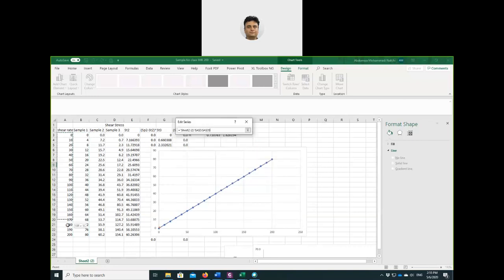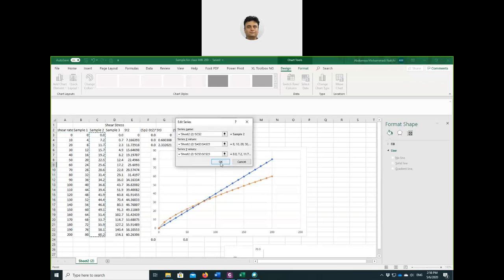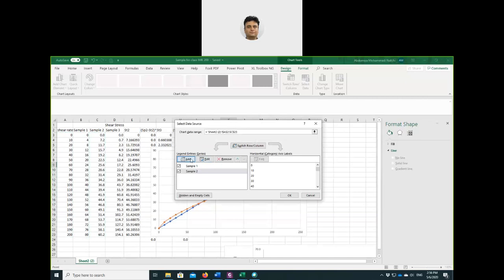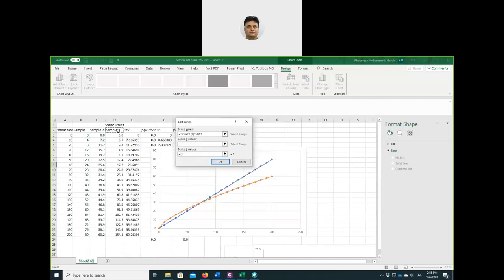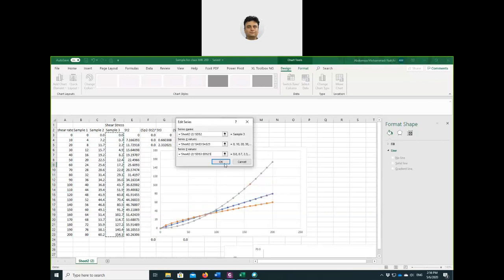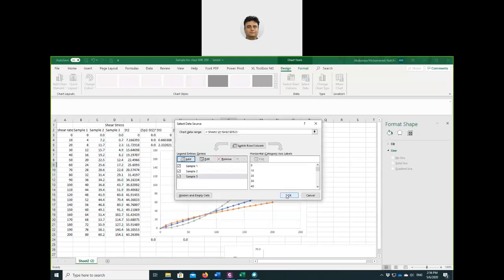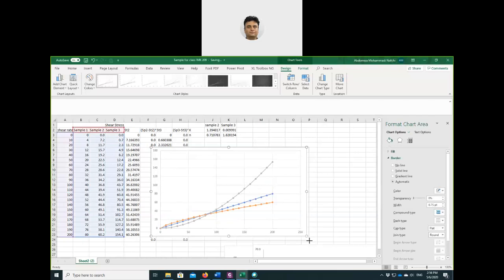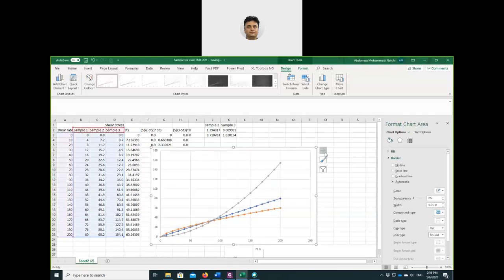Same shear rate and the shear stress is different. Then add another one, sample 3. Shear rate is the same for X, and shear stress we can draw from here. Okay, that's all. And we can put the legend.